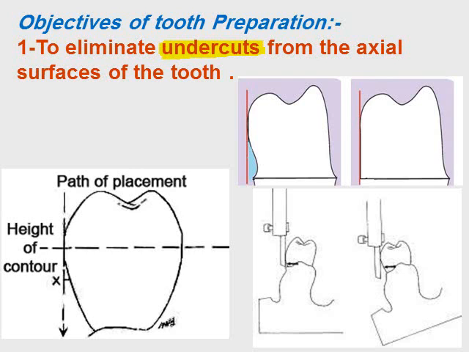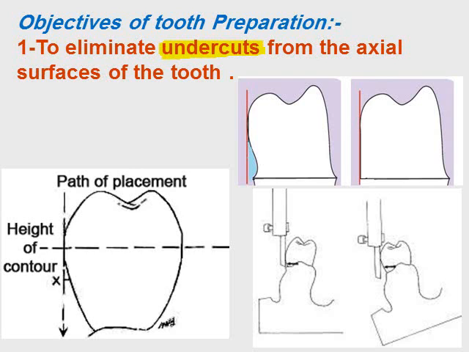Now, the objectives of tooth preparation. Why do we cut from the tooth structure? The first of all is to eliminate the undercuts which are present on the surfaces of the natural tooth. The undercut is formed by the presence of the height of convexity in the surface of the tooth, and the area below this height of convexity, or the height of contour, lies in an undercut area.